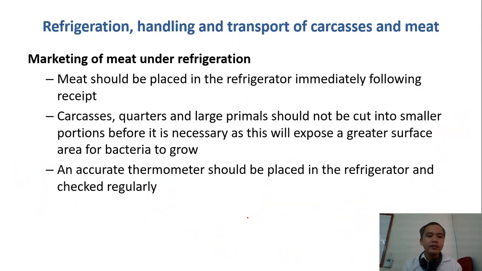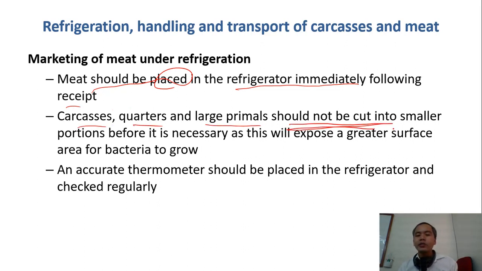Okay, right. Meat should be placed in the refrigerator immediately following receipt. Carcasses, quarters, and large primals should not be cut into smaller portions before it is necessary to do that. Can you explain why?